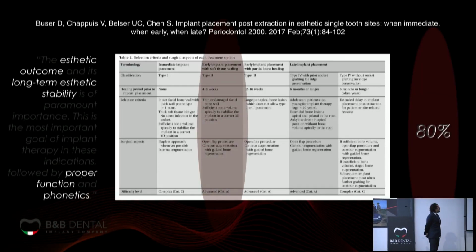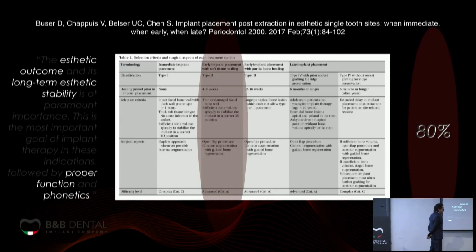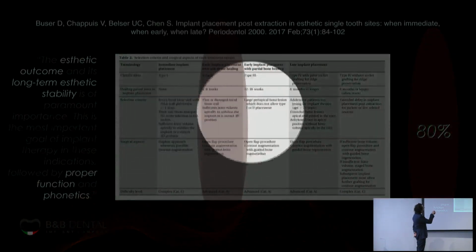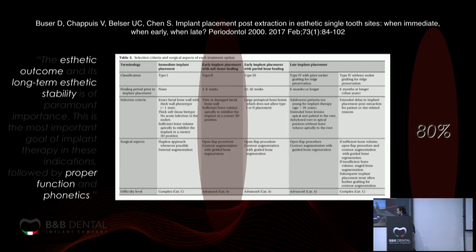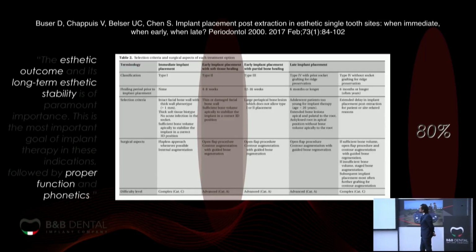In this article, we can see that 80% of the single implants that we treat every day are of this type 2 group. That is a group of clinical cases where we have already lost the tooth and we are 4 to 8 weeks after the extraction and we have thin facial bone level, but still we have bone apically to insert the implant and to find primary stability.